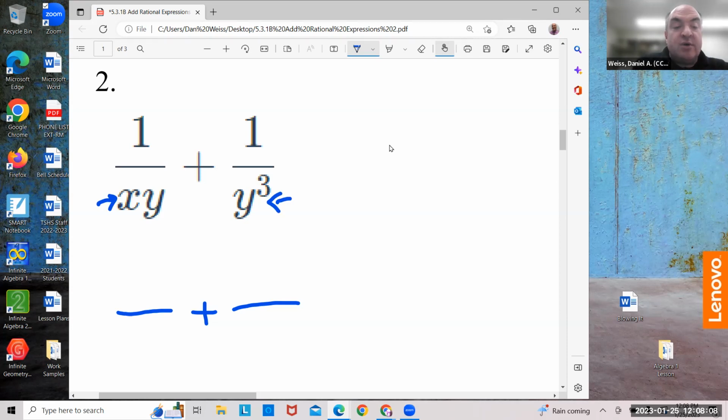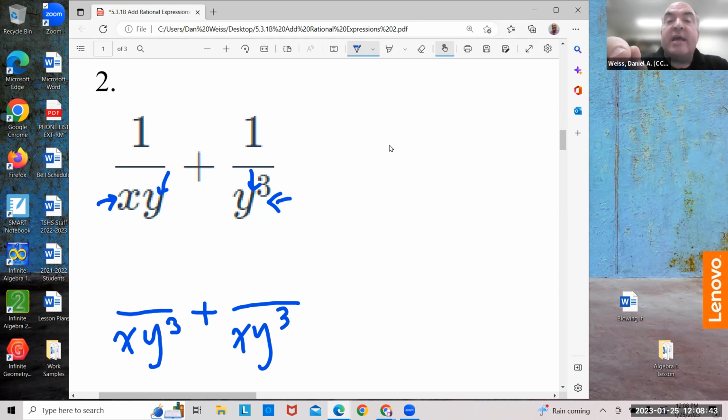So x will be part of the common denominator, and y to the third, because y goes into y to the third, and y to the third goes into y to the third. So your common denominator will be x y to the third.